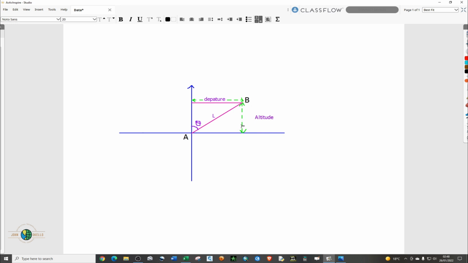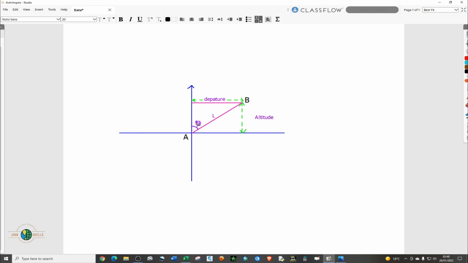So we're going to calculate them and then add them to the known coordinates. So that's how it works. And I want to show you the formula for calculating the departure and altitude.